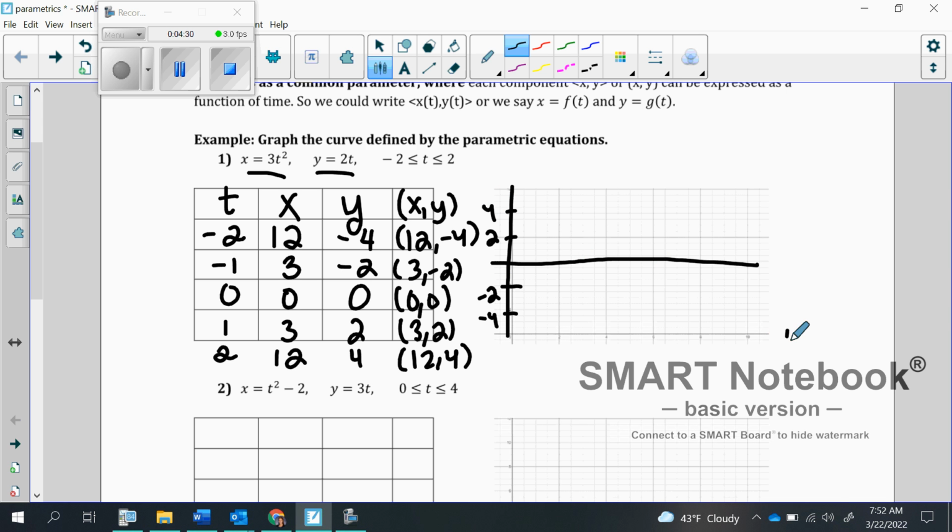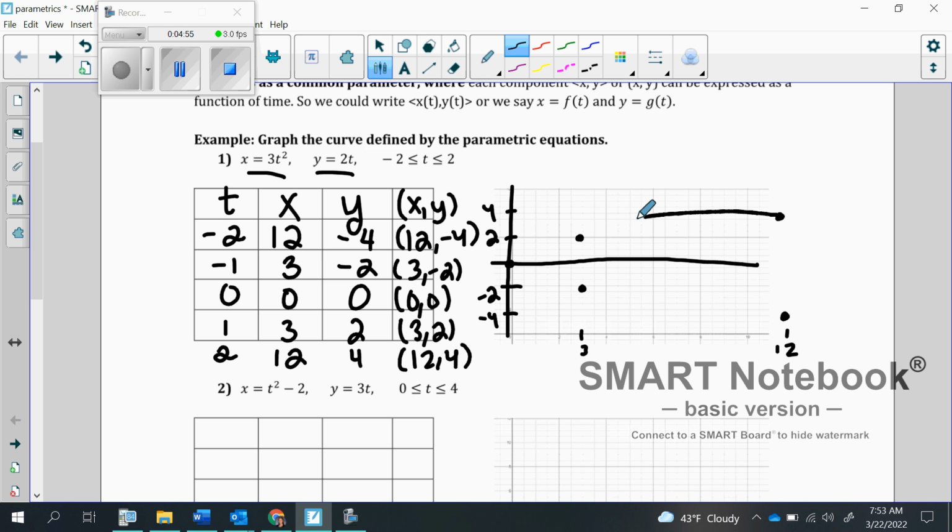And I'll just make 12 out here. So if we go out to 12, -4, 3, -2, 3 would be somewhere around here. So if we're going 3, -2, 0, 0, 3, 2, so I'll be up here instead. And then we'll be out at 12, so positive 12.